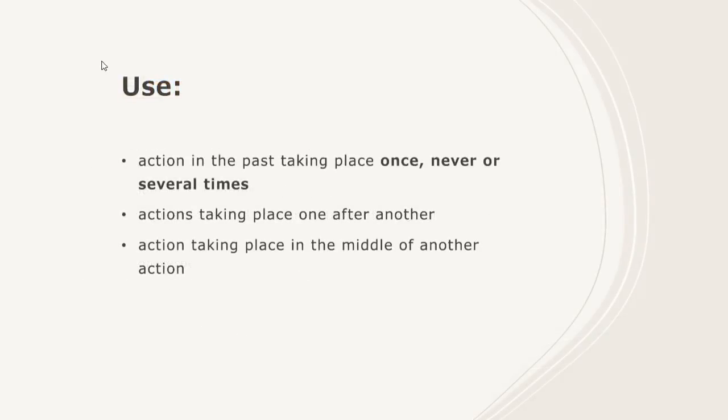Now, when to use simple past? An action in the past taking place once, never, or several times. Like an action taking place one after another, and then an action taking place in the middle of another action. Okay, so this one sometimes we compare with past continuous.